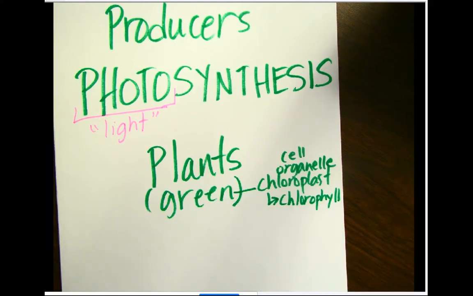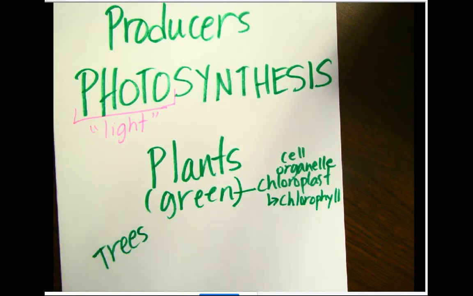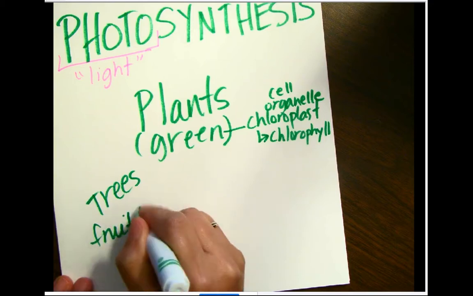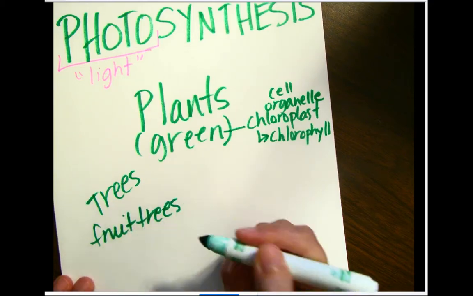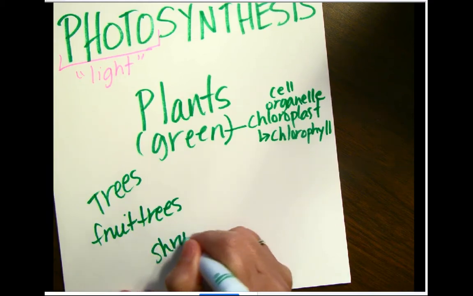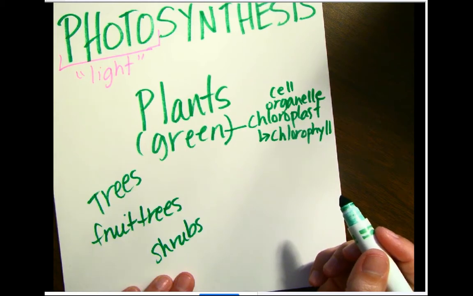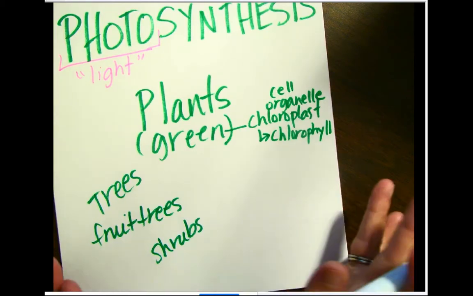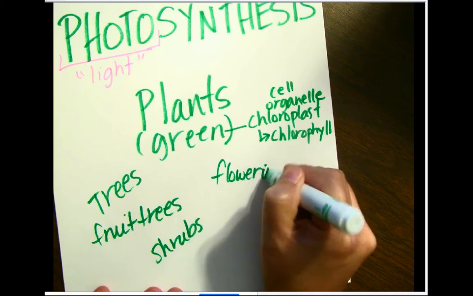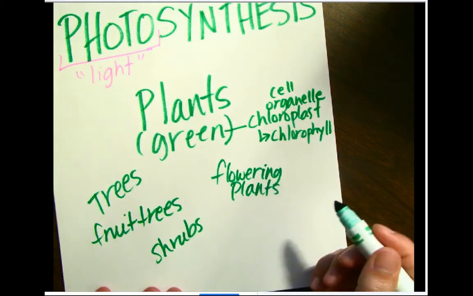So some examples of plants would be trees and all kinds of trees. We have fruit trees, like apple trees, shrubs, let's see, all kinds of flowering plants, and some non-flowering plants.